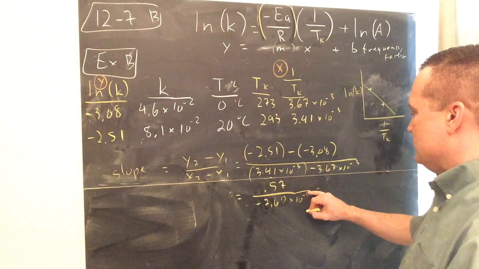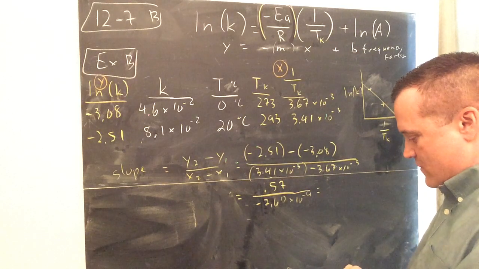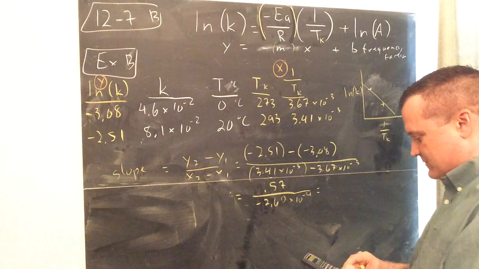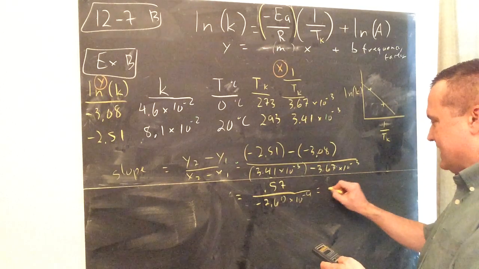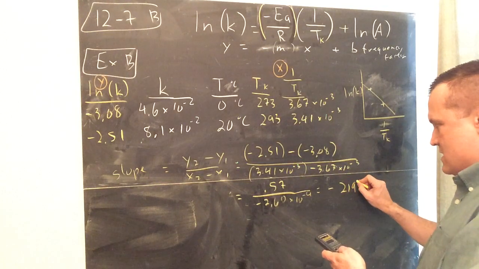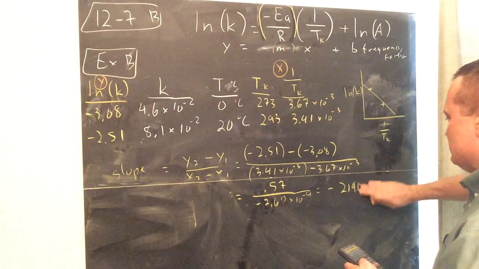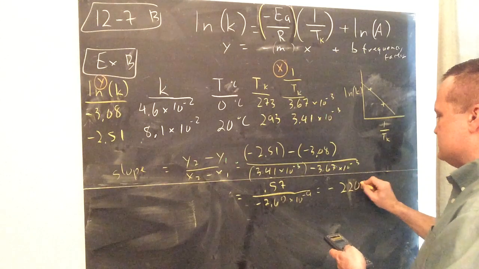If you wanted to, you could expand it out and do the box rule, but that'll work out correctly. And then what you do is divide that out. So 0.57 divided by 2.6 times 10 to the negative 4. I did something on my calculator wrong. It's a negative 2190, with sig figs, only 2 sig figs, actually negative 2200.